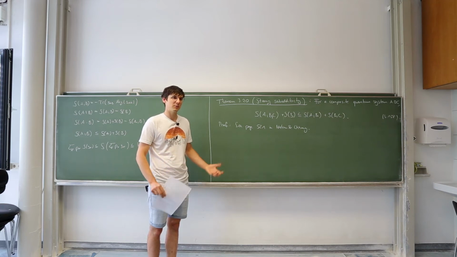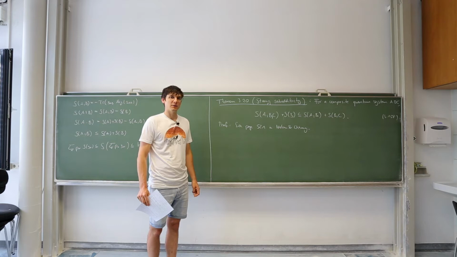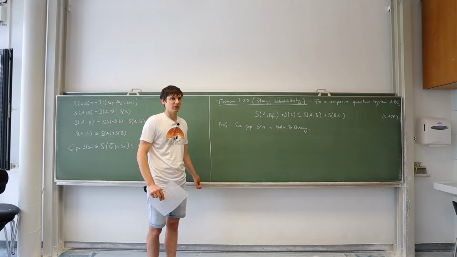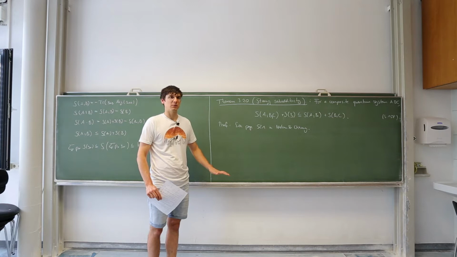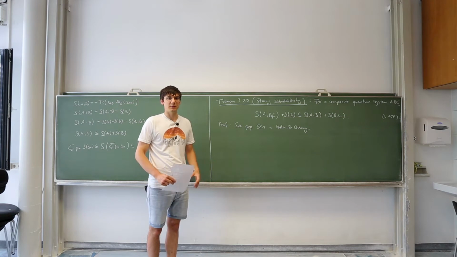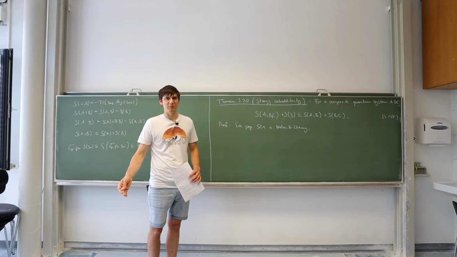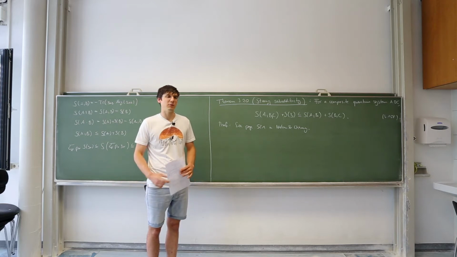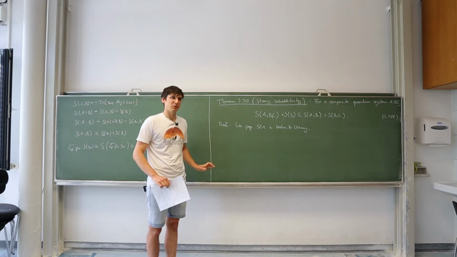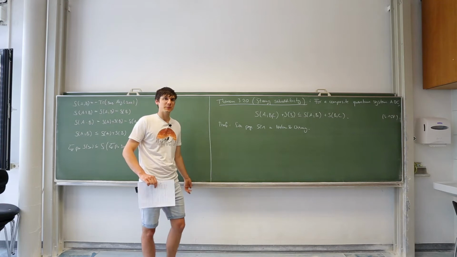Because once we know these properties of the entropy, we can apply them to some interesting scenarios. And right now we are still at the stage of figuring out what properties we have. And after we're finished, we can then take a look at the specific scenario, which again will involve Alice and Bob. And then we will see what the Holevo bound is, and we will use these properties that we're going to show now in order to prove this bound.